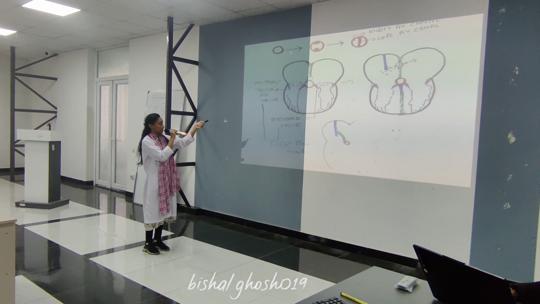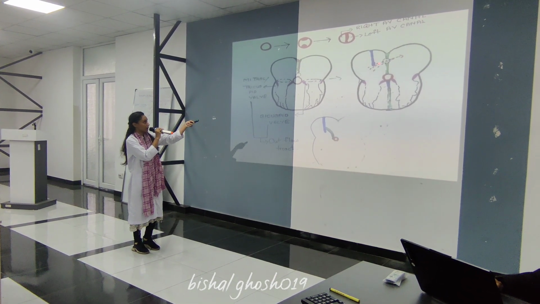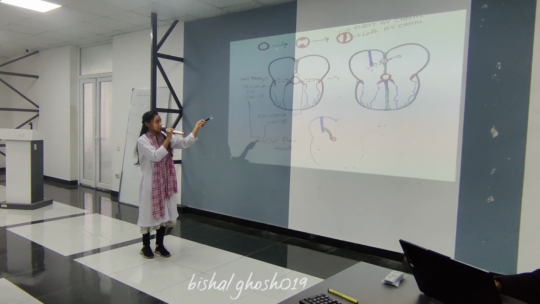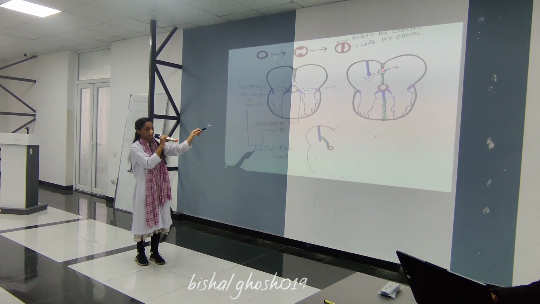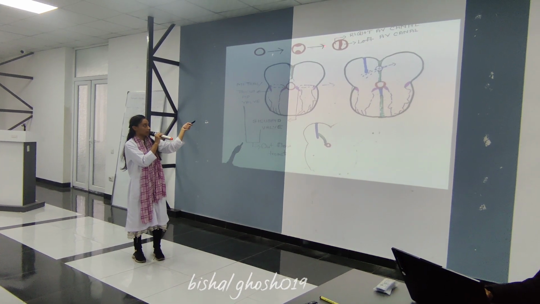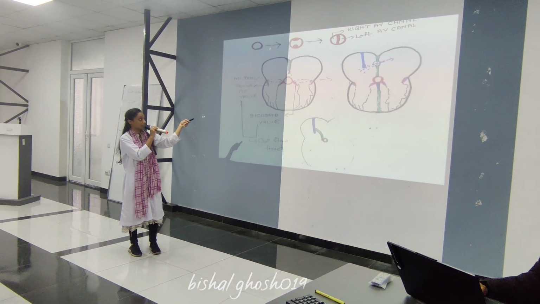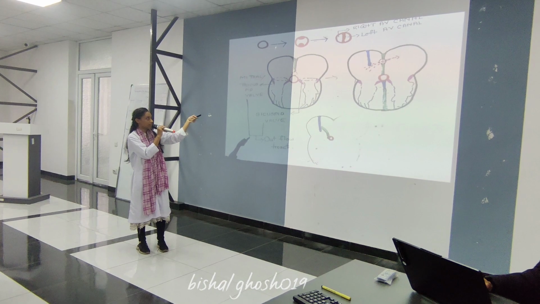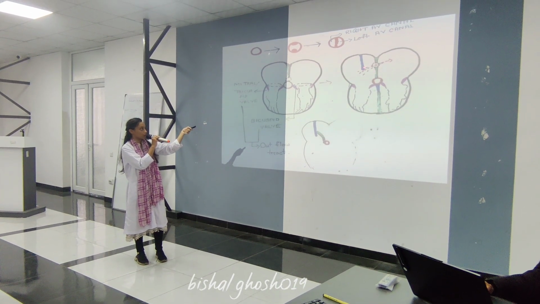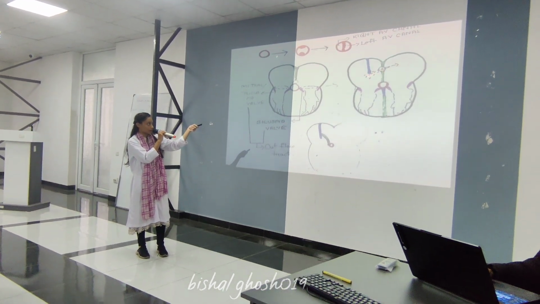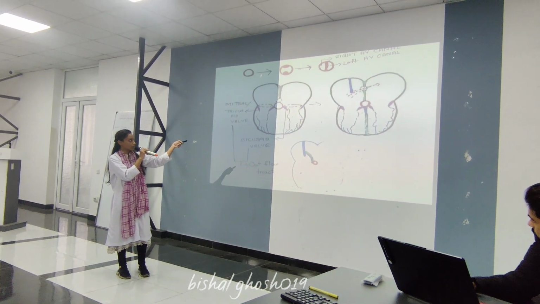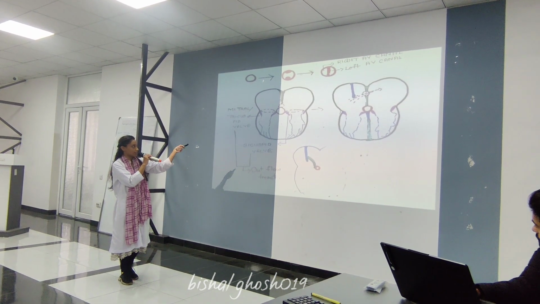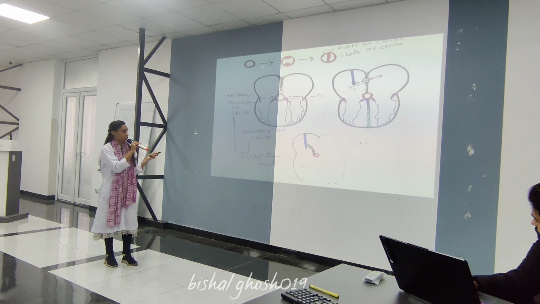It will soon disappear, and there will be another ostium for the second time. This is called ostium secundum. Then another septum will happen. This is called septum secundum. This septum secundum will cross only the lower part of ostium secundum. Soon it gets fused and divides our atriums into two parts.